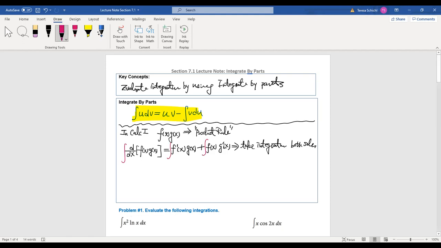If I take the integration on both sides, let's see what happens. If you integrate and you take the derivative, the first term would just be f of x times g of x, correct? Of course, I should say that here you need to include the dx.